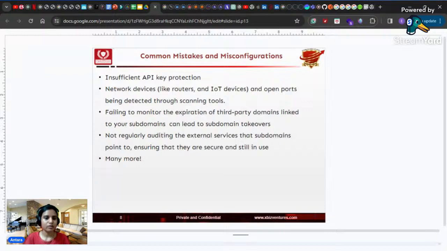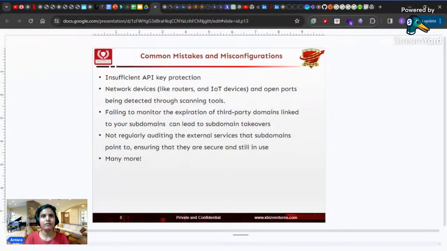Another one is not regularly auditing the external services that the subdomains point to and ensuring that they are secure and still in use. It means failing to keep an entire inventory in your hands of the assets that are internet facing and that contain some crucial PII information. So it's very crucial to monitor what sort of services have been exposed and where they are pointing to.